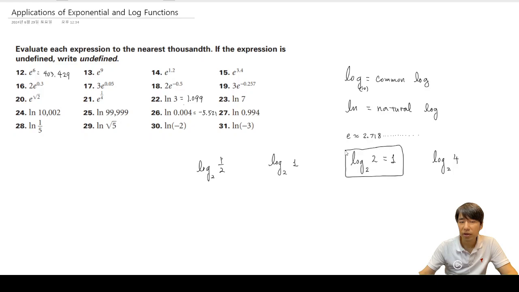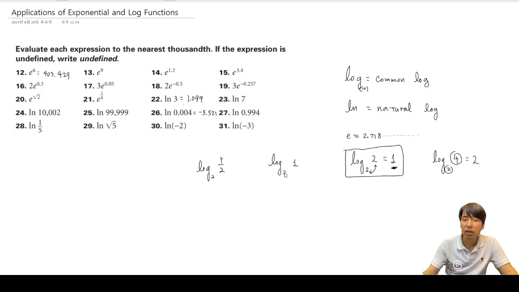Starting from here, the base and the number inside the log are the same, so you get 1. But when the number inside the log is greater than the base, you get a number greater than 1. So the answer for log base 2 of 4 is 2.